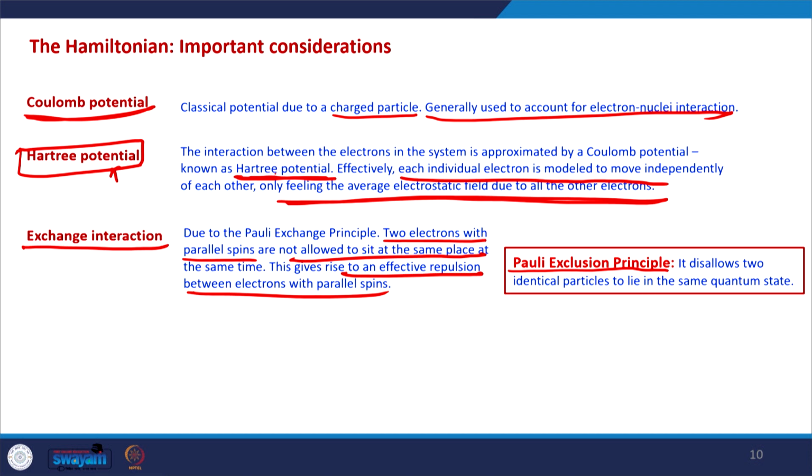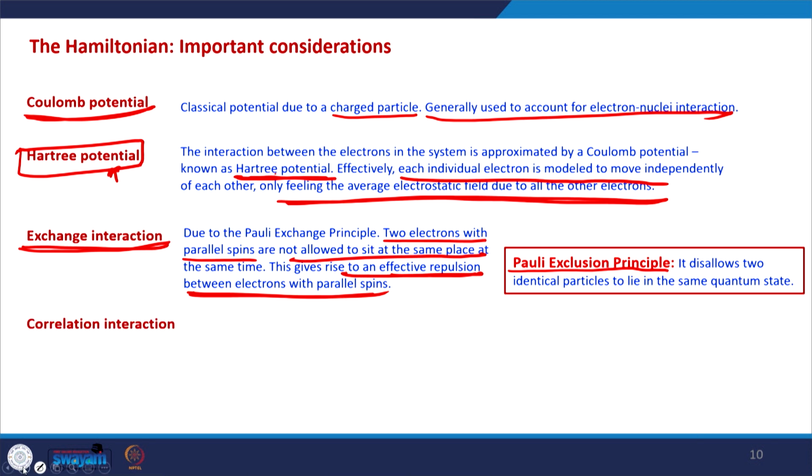So it can be termed an effective repulsion, also known as the exchange interaction: repulsion between electrons of identical spins. Please remember that it is different from the Coulomb interaction, different from the electrostatic interaction. Its origin is in the spins, or Pauli's exclusion principle.